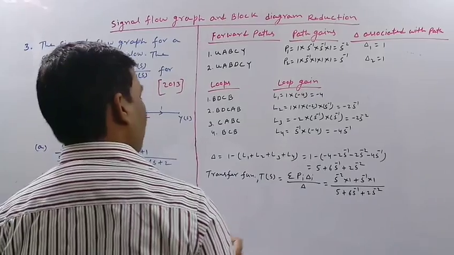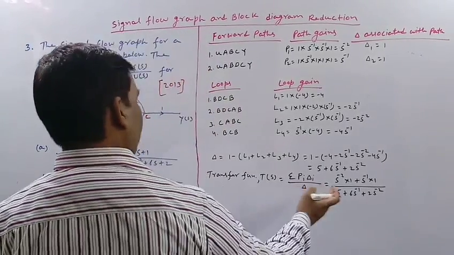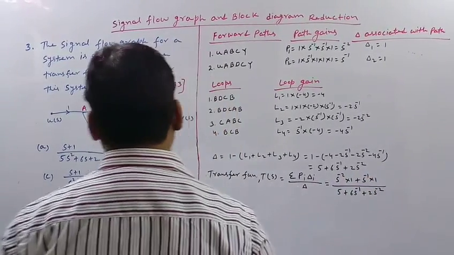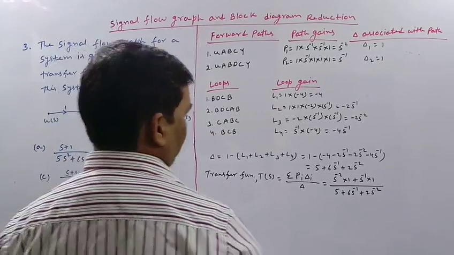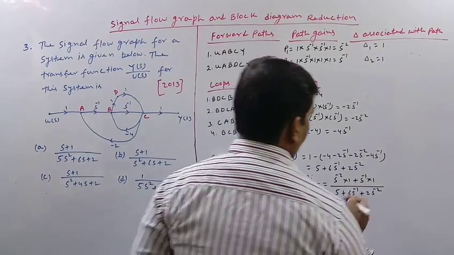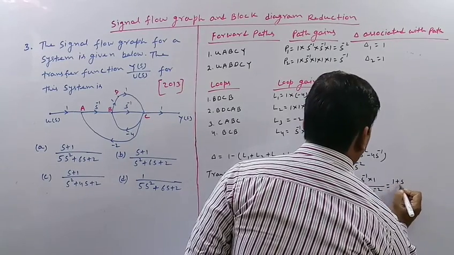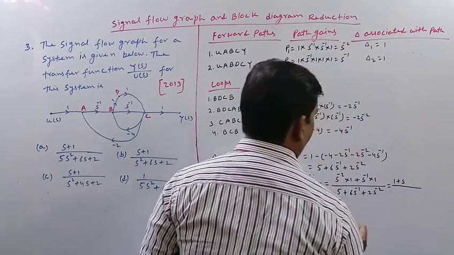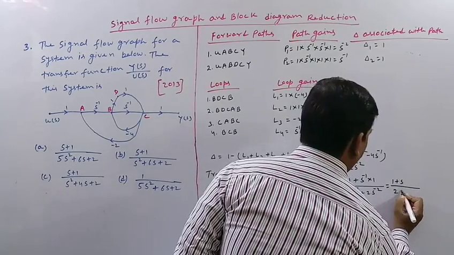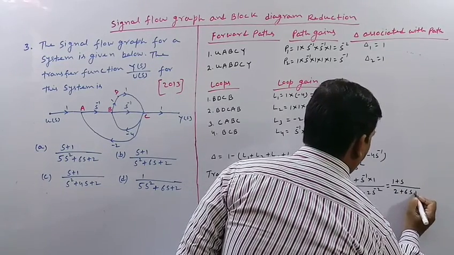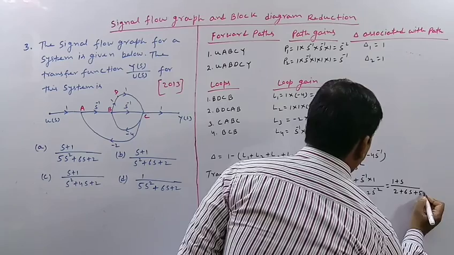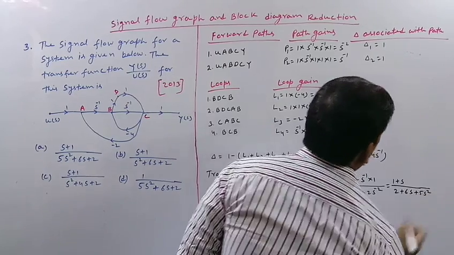Now if we multiply both the numerator and denominator by s to the power minus 2, then it will come like 1 plus s divided by 2 plus 6s plus 5s square.